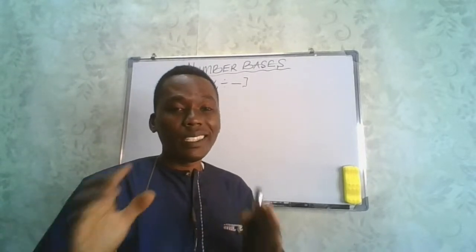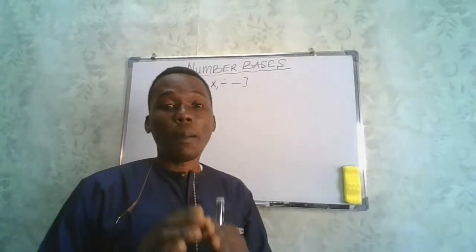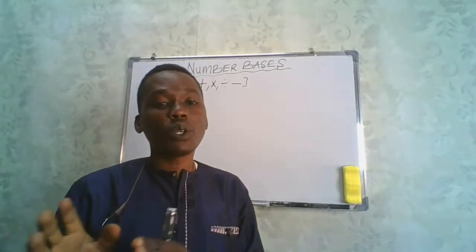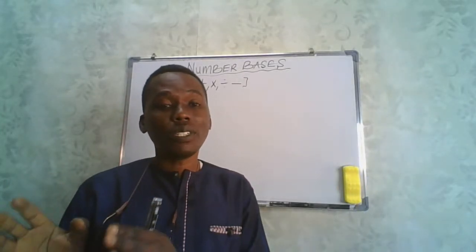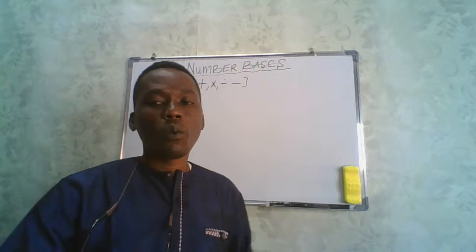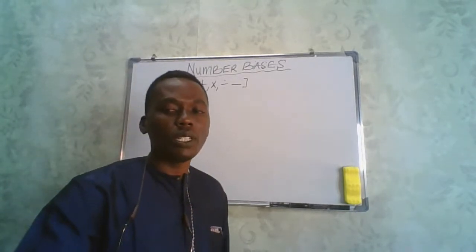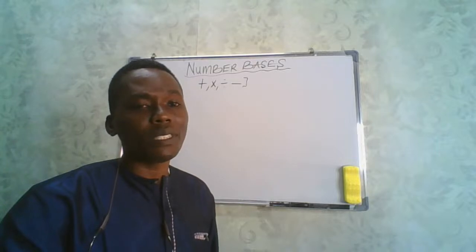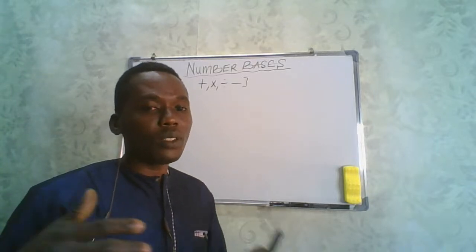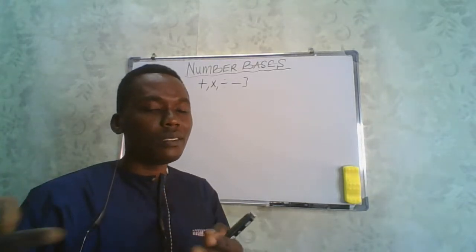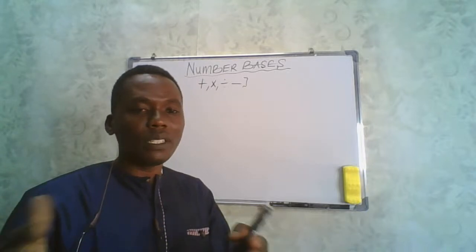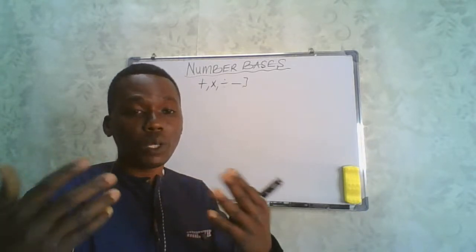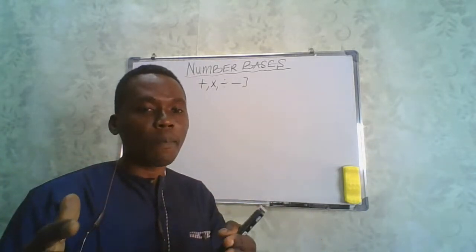Counting is normally done in base 10, which we call decimal counting. That's the normal counting, 10, 20, 15, 30, that we do on a daily basis.